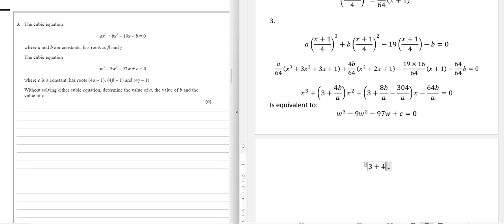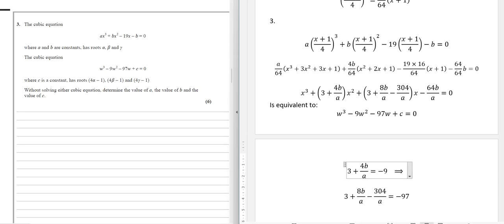So I can say that 3 plus 4b over a has to be equal to minus 9, and that 3 plus 8b over a minus 304 over a has to be equal to minus 97. I can solve those simultaneously. They're not very nice, but they're solvable. For a start, the fact that I've got b over a in here is going to be helpful.